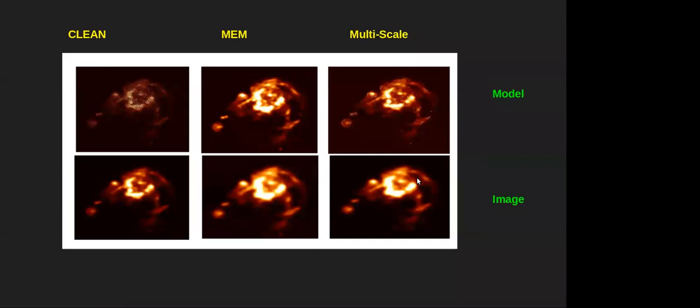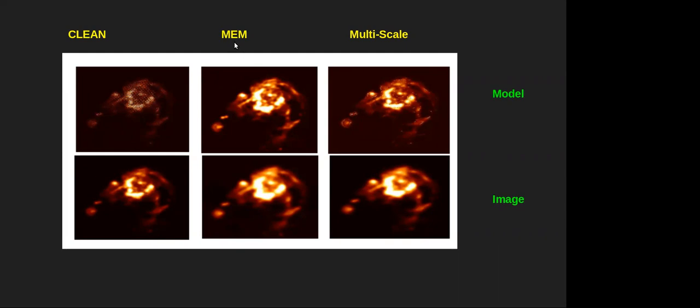Here is an example. If you have a complex structure like that and you use the simple clean algorithm, nothing else, it will model this source as a collection of point sources, so it will not look good, right? Now you can do MEM. I am not going into that.